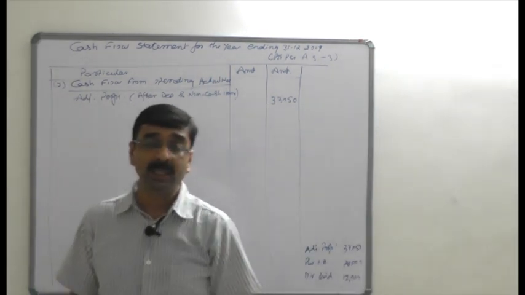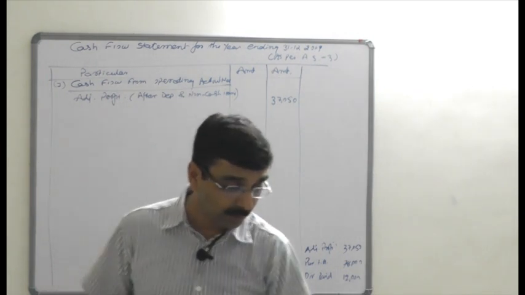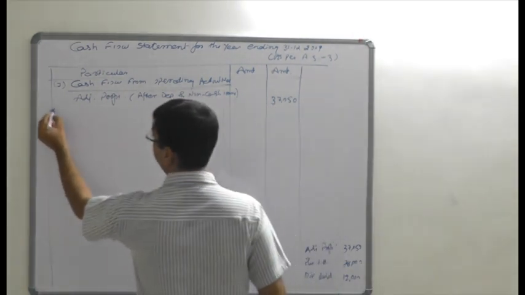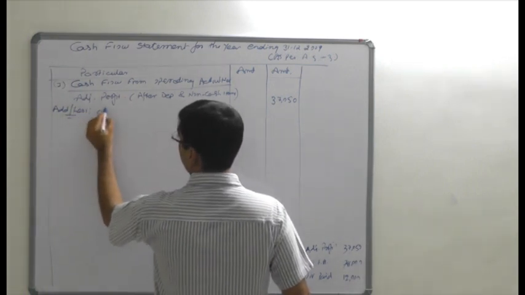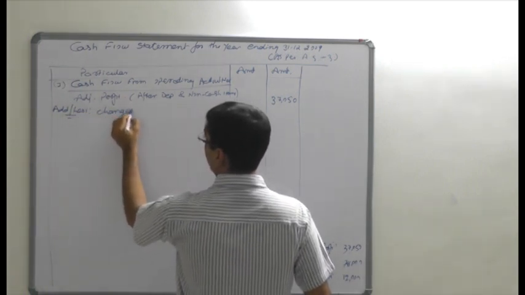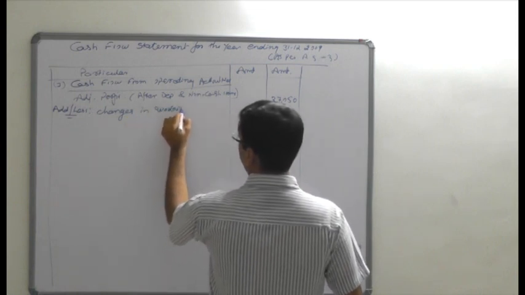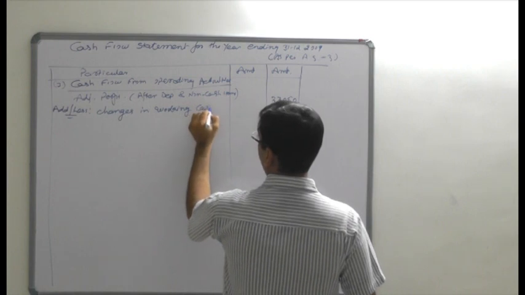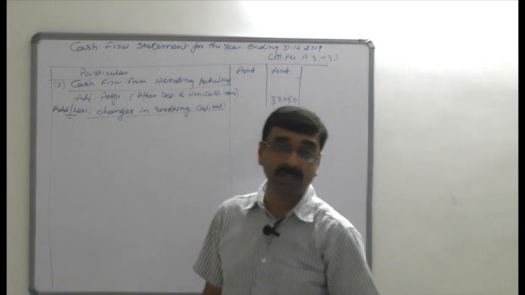Now in this profit we will identify the changes in working capital. So add and less changes in working capital. For that, just refer to your question and identify the current assets and current liabilities first.